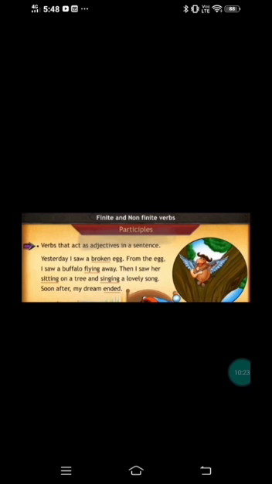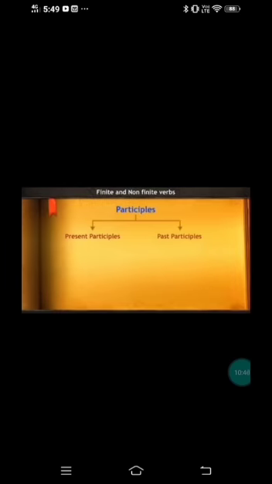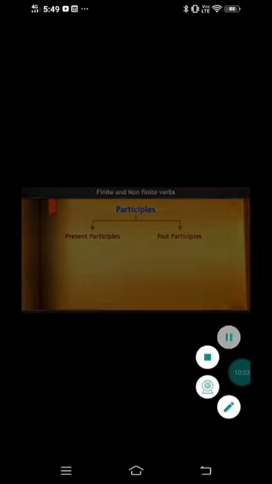It can be verb plus ing, or it can be verb plus d form or ed form or en form, like broke plus en, and plus ed. So broke plus en and plus ed are past participles. So participles have been divided into two types, present participle and past participle.